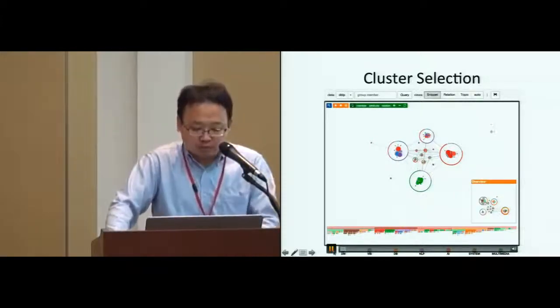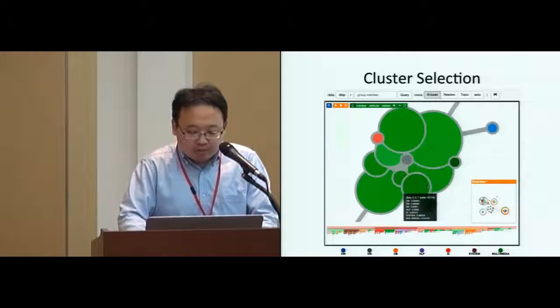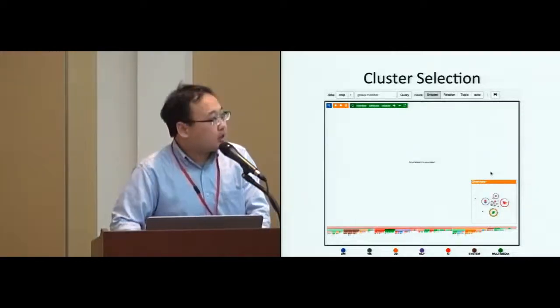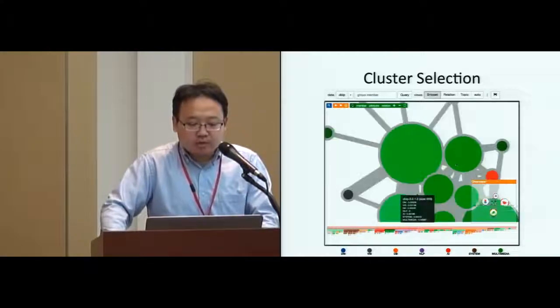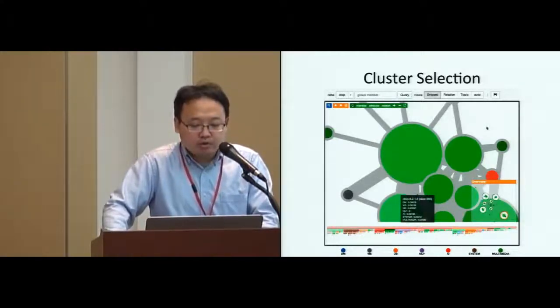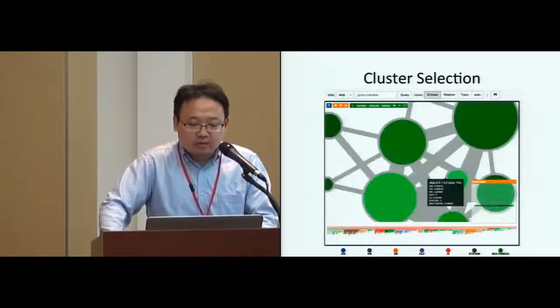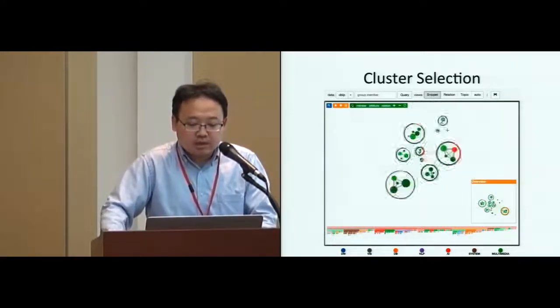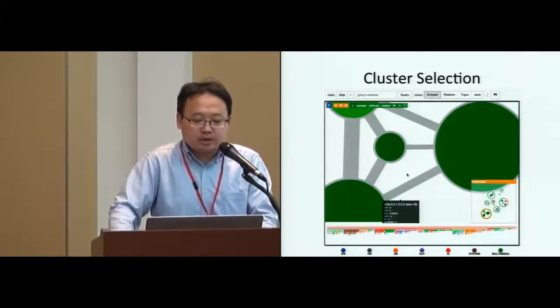So suppose we want to find a group of researchers in the area of multimedia. So here the multimedia is visualized in green. So we just focus on those green clusters, keep zooming into this cluster level by level, and then finally we reach the bottom level and select a group of researchers who are in this area as our initial group.